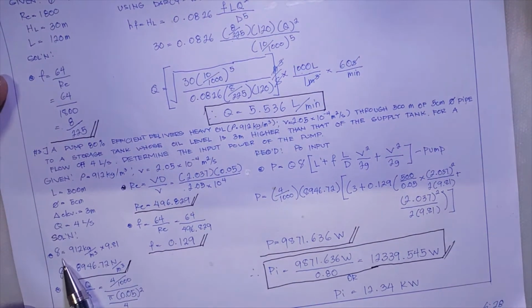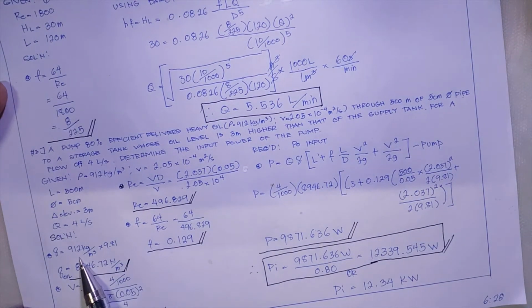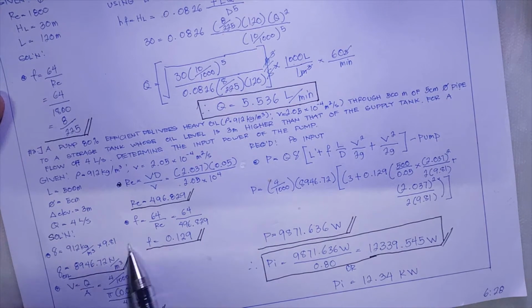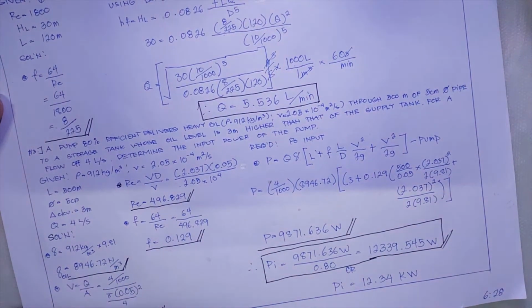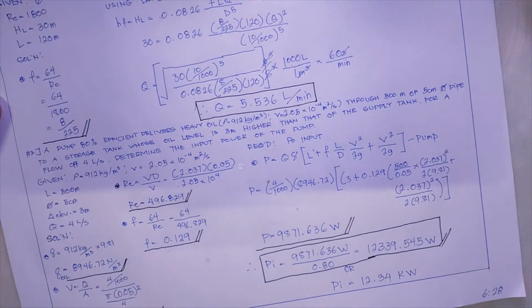So, getting the specific weight of oil, 912 kilograms per cubic meter times 9.81, which is the value of gravity. So we'll have 8946.72 newtons per cubic meter.